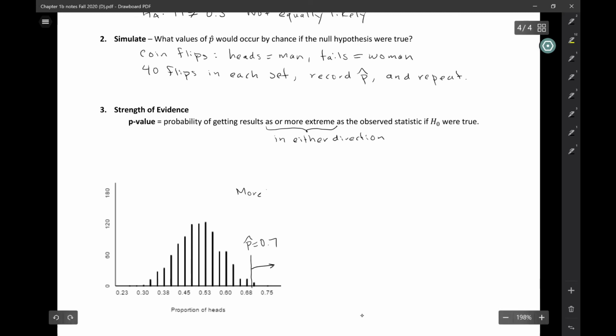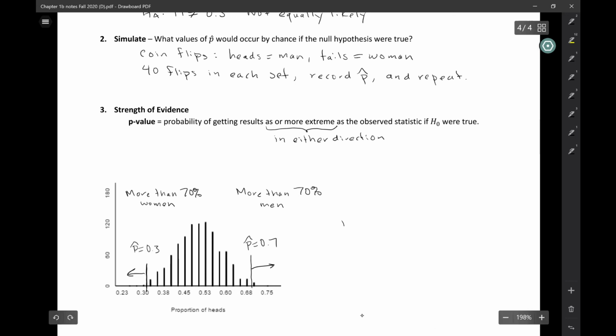In this particular example, that represents more than 70% men, but we also have to shade on the other side. We also have to have 0.3 and shade everything to the left. In this particular example, that represents more than 70% women, right? Because if you have less than 30% men, then you have to have more than 70% women, since everybody in this study identified as one or the other.